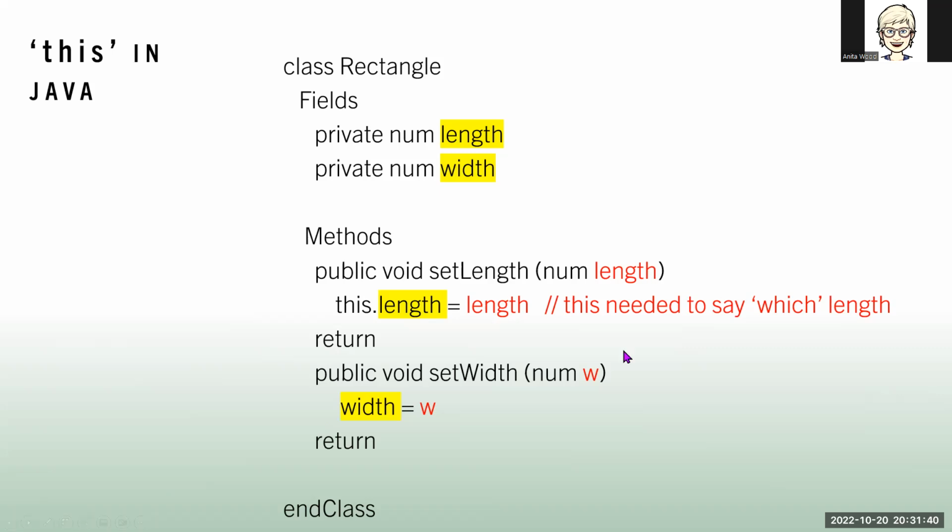You'll notice I tend to try to send through variables and name them up here in my method something different, so I don't have to play this game. What I'm trying to prepare you for is people use this. You're going to read a lot of code that has this sitting there, and you're going to go, I don't understand it.